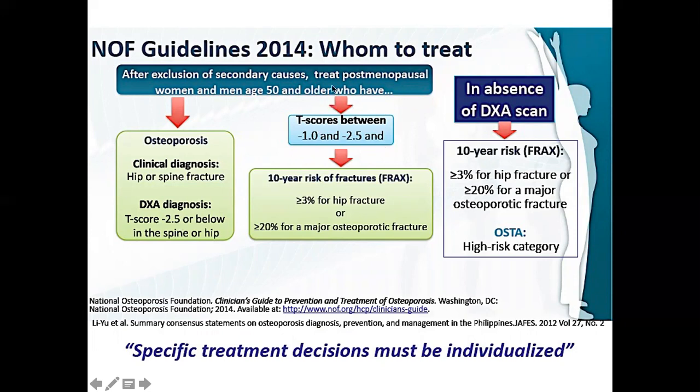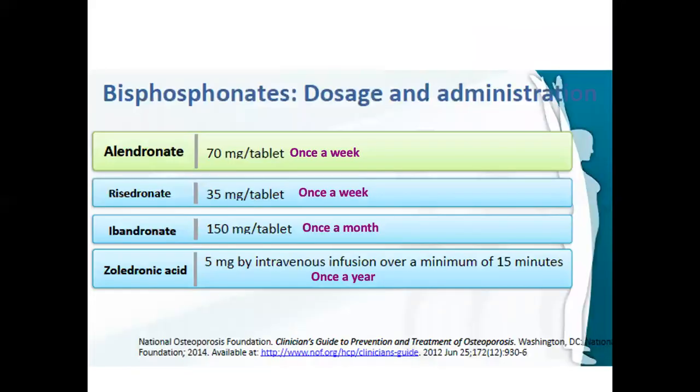If the patient is in the osteopenia range, the T-score is between -1 and -2.5, but the 10-year risk of fracture based on FRAX is more than 2% for hip fracture or more than 20% for a major osteoporotic fracture, then you treat. In the absence of a DEXA scan, you just input it in FRAX or look at the OSTA high-risk category. But you have to individualize the treatment decision, so share the decision with the patient. Okay.